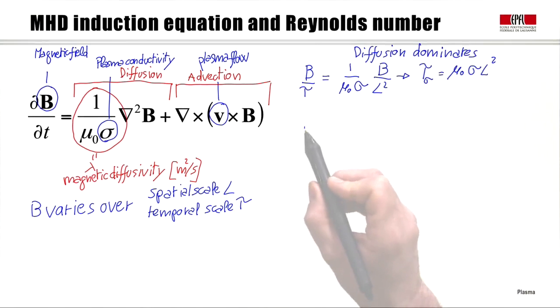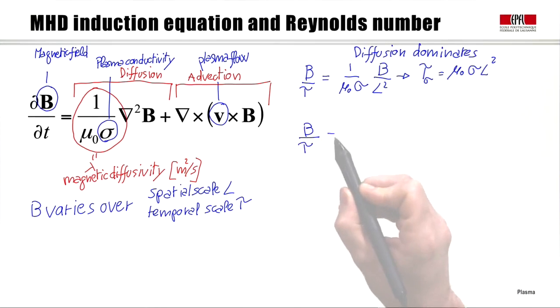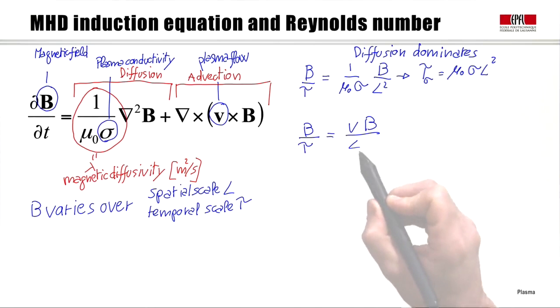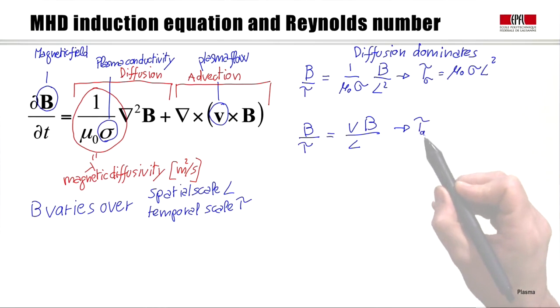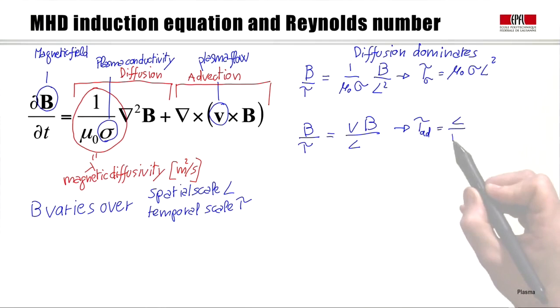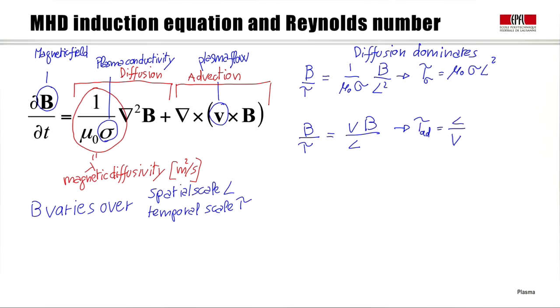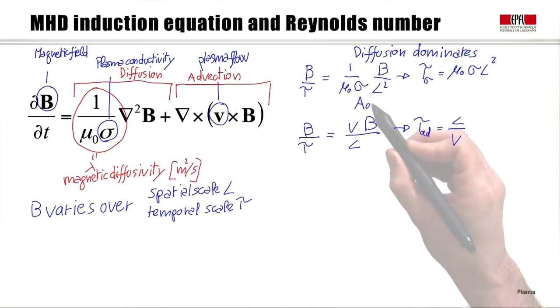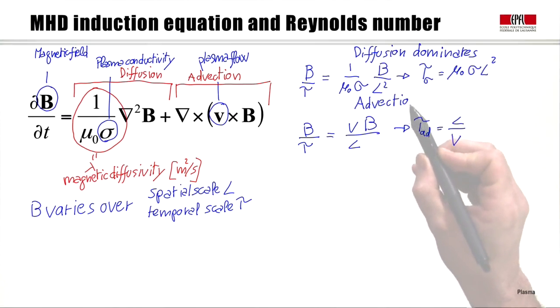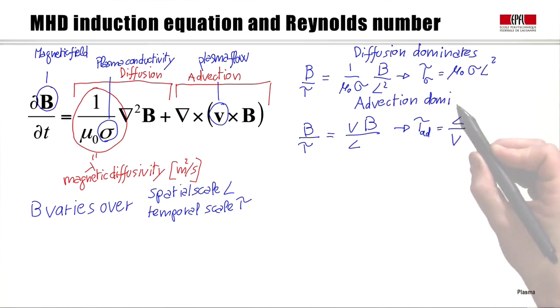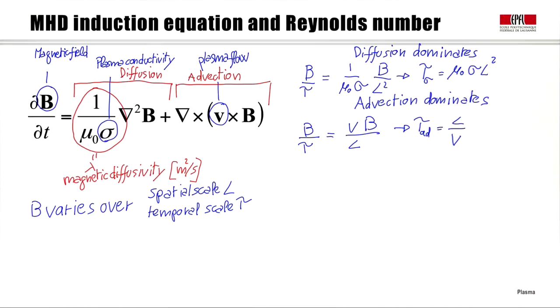Let's now consider only the advection term and ignore diffusion. We can use the induction equation and estimate the advection time in this way. The advection time that we have estimated provides the timescale over which the magnetic field would change if advection dominates the process.